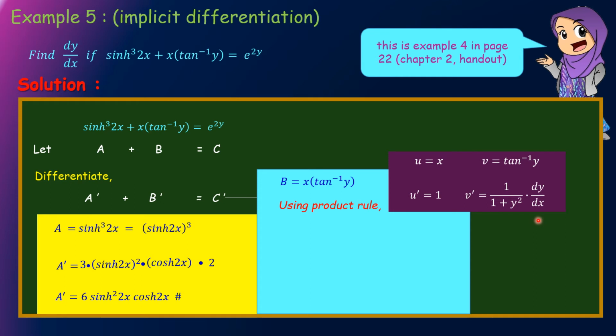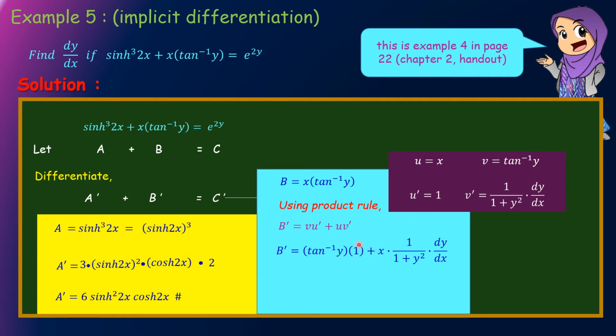Okay. Then using the product rule, we differentiate b, the symbol is b prime, and we write the formula for the product rule, which is v u prime plus u v prime. Then we substitute: our v is inverse tangent y, and u prime is 1.